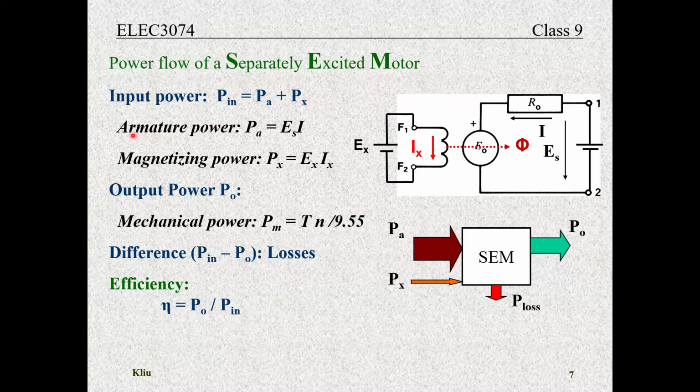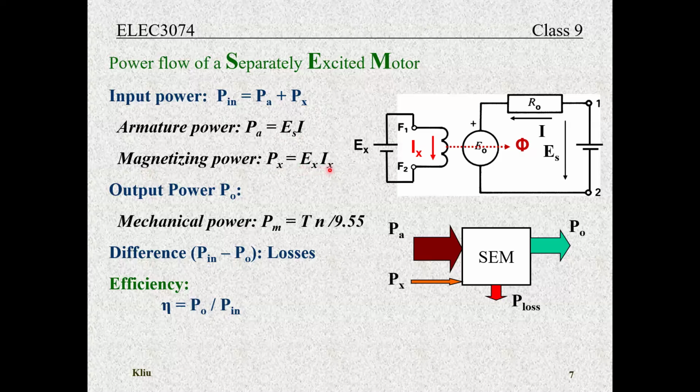The armature power is equal to supplied voltage times current. And the magnetizing power is equal to the field power, the X thing here. Power in the field equals field voltage times the current.